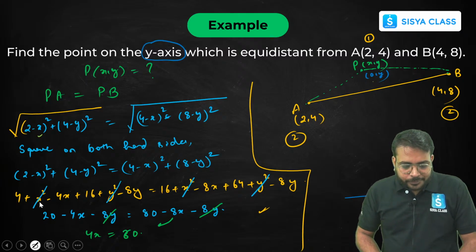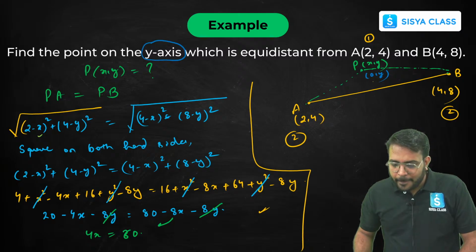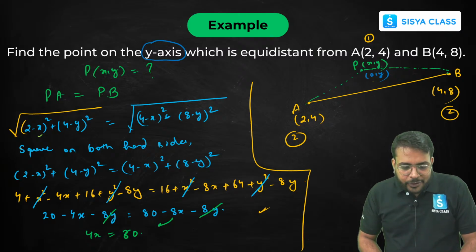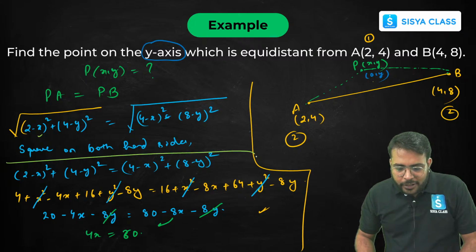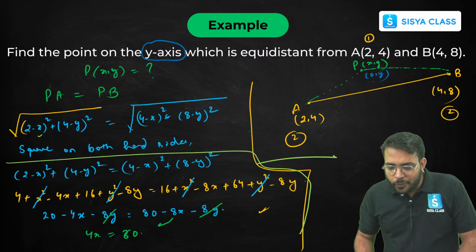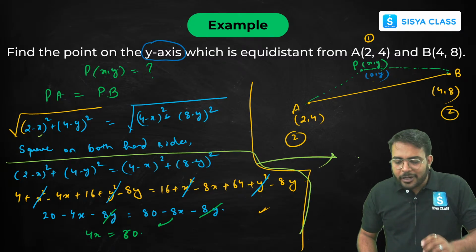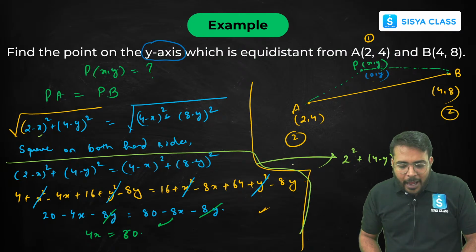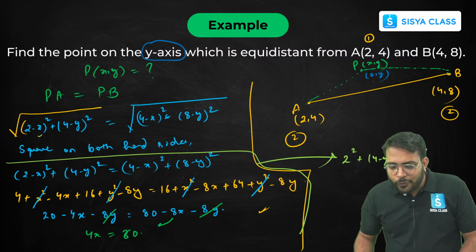So here, x coordinate you have to substitute as 0. Understood my point? So here you are going to get 2 square plus (4 minus y) square, and 4 square plus (8 minus y) square.